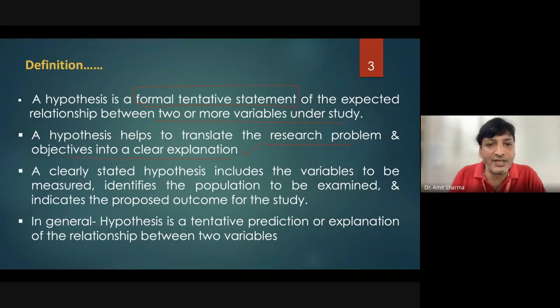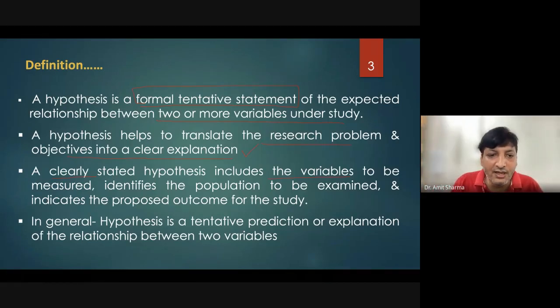Whenever you write the hypothesis for your research, it should be clear. It should include the variables, that is which variable you are going to examine, who the population is, and what the proposed outcome of the study is. All these things must be added in the hypothesis.